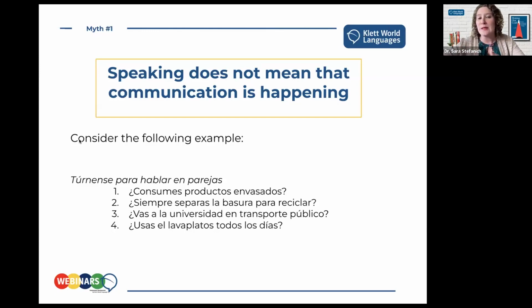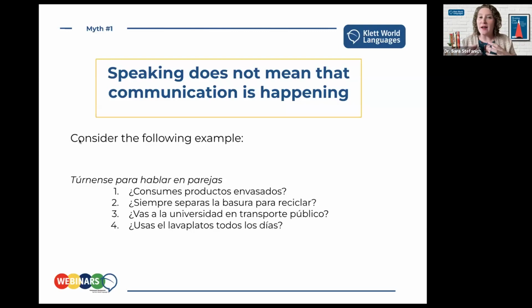For those of you who don't speak Spanish, these are all yes/no questions. I basically ask the question out loud and they say yes, and then they repeat everything in the question. And to do this activity, students don't need to understand any of these words. And oftentimes they don't, because they can read the question out loud.